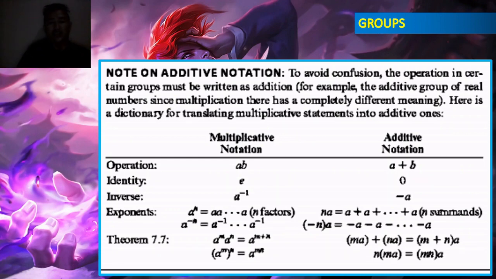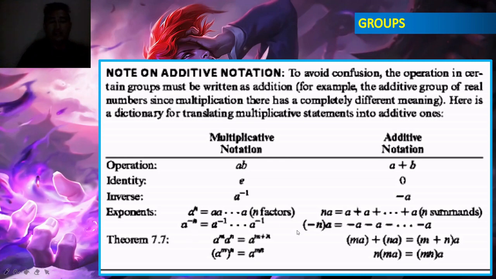Okay, note on additive notation. Kung additive notation, ang operation nga AB sa multiplicative, mao siyang A plus B. Ang identity nga E kay 0 sa additive. Ang inverse kay A inverse kay negative A, and then exponents nga A to the n factors, n times A na siya dito, n ka A nga plus.